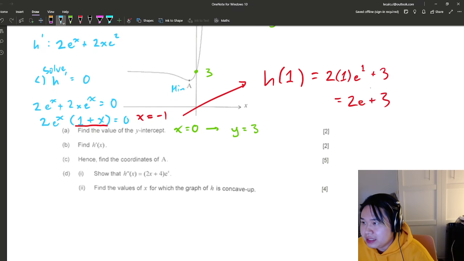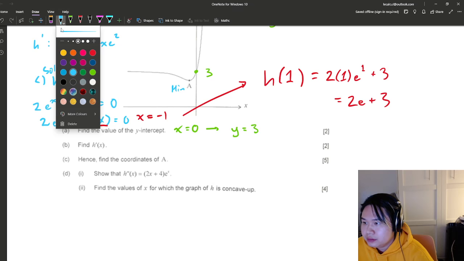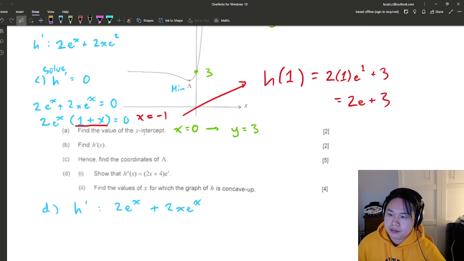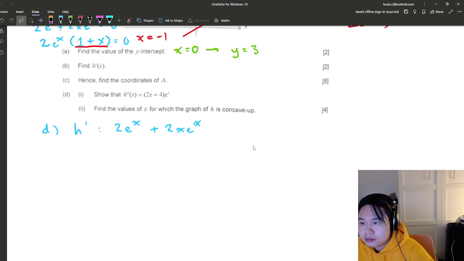Next up, show the second derivative is going to be that. Okay, well, I'm going to take my first derivative, and I'm going to take the derivative again. So this is pretty straightforward.